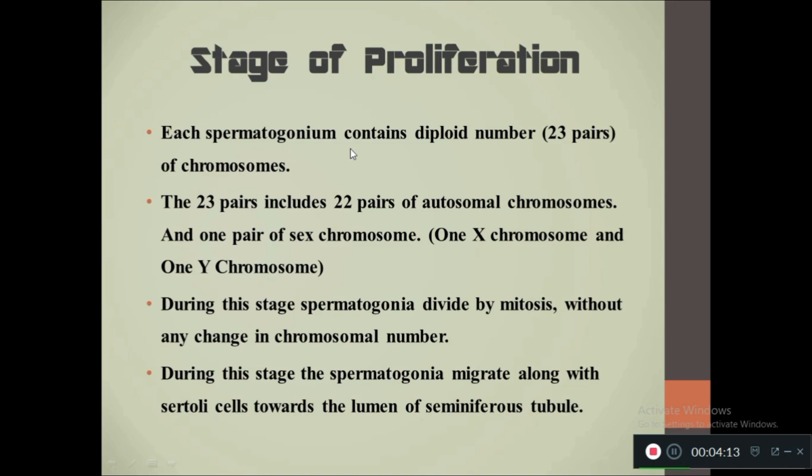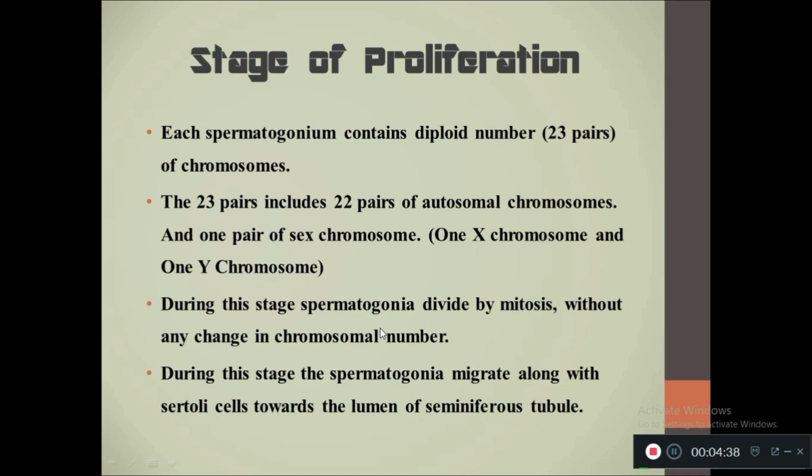Now we go to the first stage, the stage of proliferation. Each spermatogonium contains the diploid number of chromosomes. That is, 23 pairs of chromosomes are present in the spermatogonium cells. The 23 pairs include 22 pairs of autosomal chromosomes and 1 pair of sex chromosomes, which includes one X chromosome and one Y chromosome.